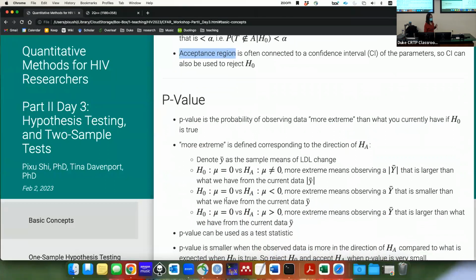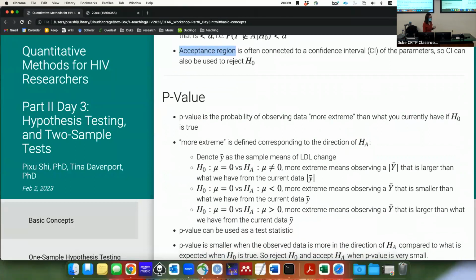So here are some examples. Suppose we're testing the mean of LDL change. Null is not changed at all. The alternative can be changed in either direction. And by more extreme, we would want to see an observed mean that is very large or very small.